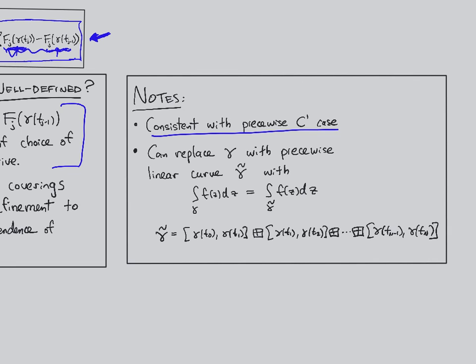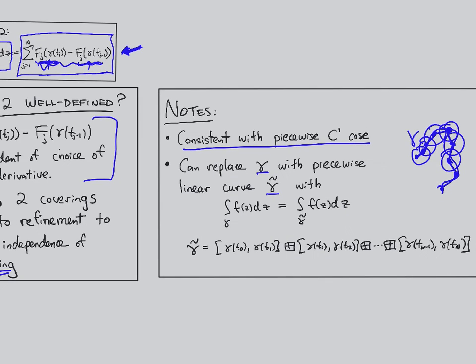One nice thing you also see out of this is that when you break up gamma into all of these pieces on which you have antiderivatives all the way along, you can replace gamma with gamma tilde, which is a piecewise linear curve, just connecting the endpoints. And you end up doing the same computation right here.